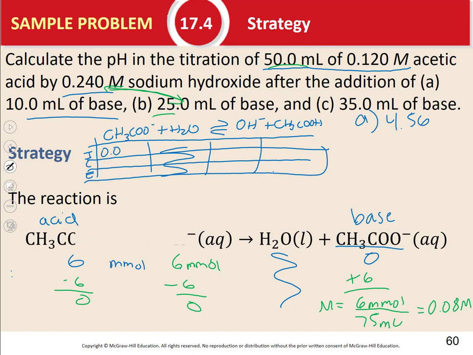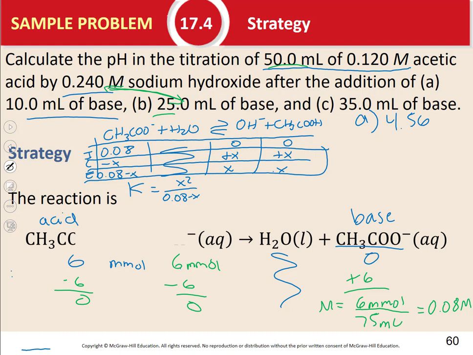And we're starting with the concentration of 0.08 molar minus X. 0 plus X, 0 plus X. So K is going to be equal to X squared over 0.08 minus X.